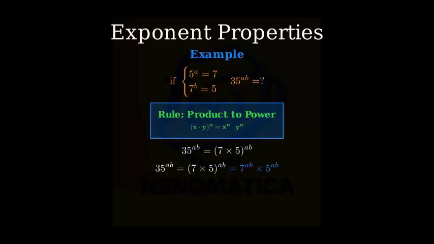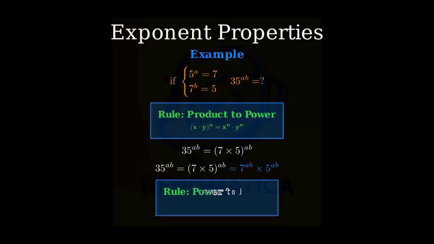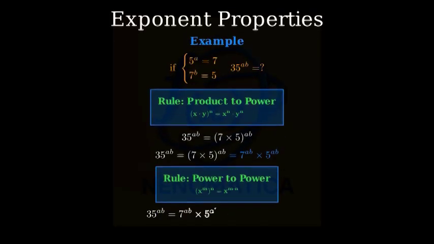Now, we'll use the power to power property. When an exponential expression is raised to another power, we multiply the exponents. So 7 to the ab becomes open parenthesis 7 to the b close parenthesis all to the a power. Similarly, 5 to the ab becomes open parenthesis 5 to the a close parenthesis all to the b power. From the given conditions, we know that 7 to the b equals 5 and 5 to the a equals 7.